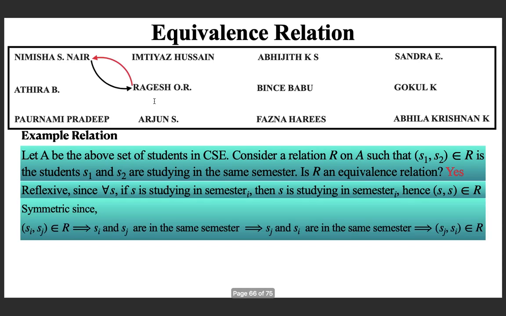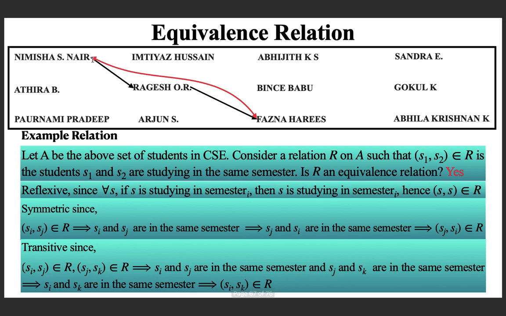It is also symmetric because if Rajesh Awar is in the same class as that of Nimisha S. Nair, then Nimisha S. Nair must be in the same class as that of Rajesh Awar. Because why is it that Nimisha S. Nair is related to Rajesh Awar? Because they both are studying in S7. Because of that fact, the other relation is also there. So it is easy to verify that it is symmetric.